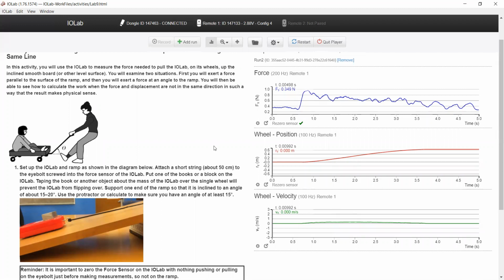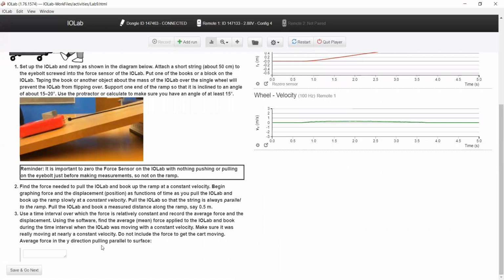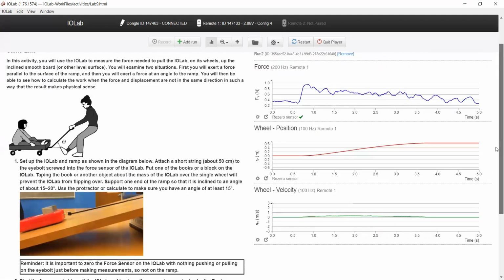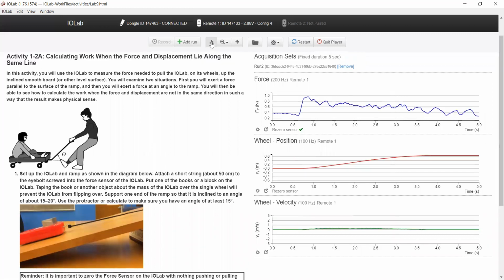They want us to take the average of the force in the y direction, pulling parallel to the surface. Okay, that is in the y direction. We already know you can use this tool. So we'll try to see a region when the IOLab was moving and the force was approximately constant, with the velocity being constant as well.